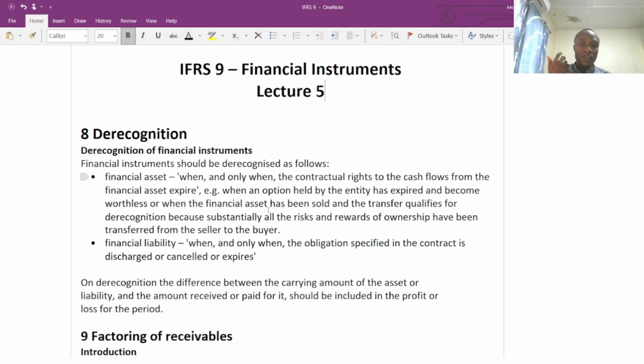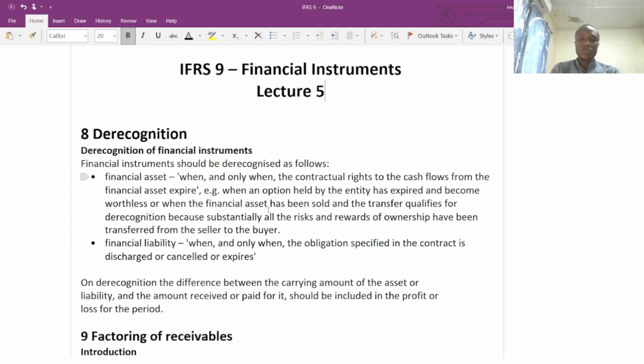Or if the financial asset or financial liability has expired, where the contractual right to receive cash has fully expired, or the present obligation to discharge or to make payment has expired or been cancelled, that particular transaction should be removed, should be derecognized from the financial statement. So basically, this is the concept.